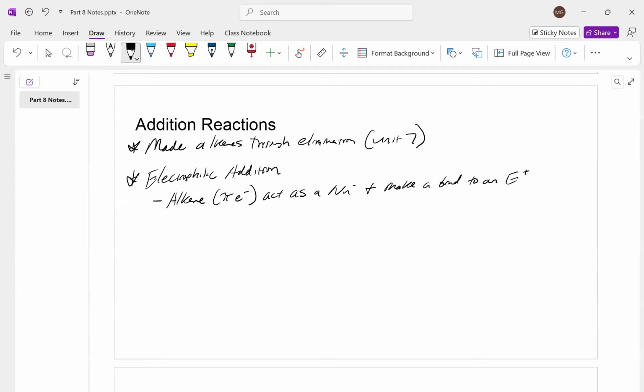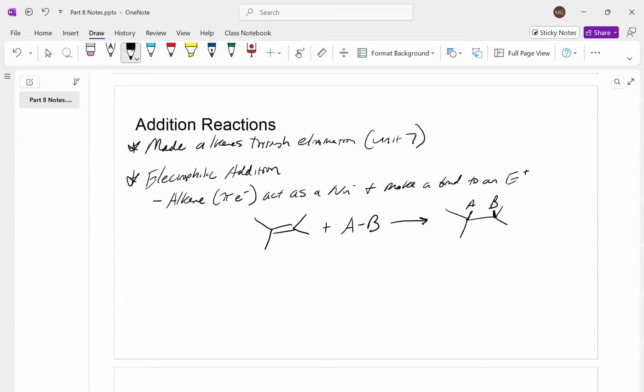So here's a generic reaction. We're going to take this alkene and react it with this compound, AB. One carbon of the double bond is going to get A, and the other carbon of the double bond is going to get B. We'll talk a little later about which goes where.